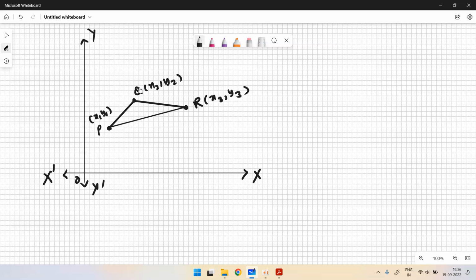Directly you cannot see how to calculate this, so you need to draw this line.